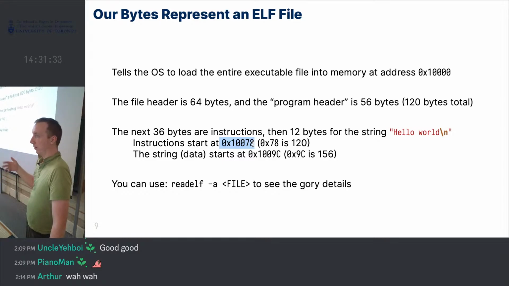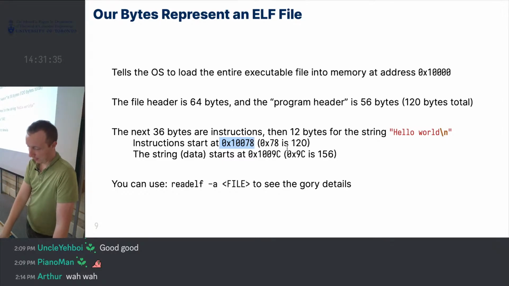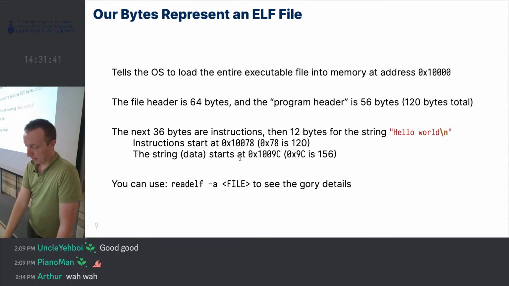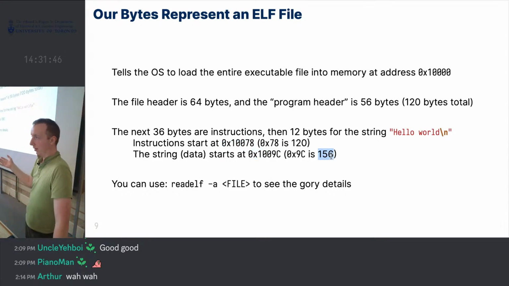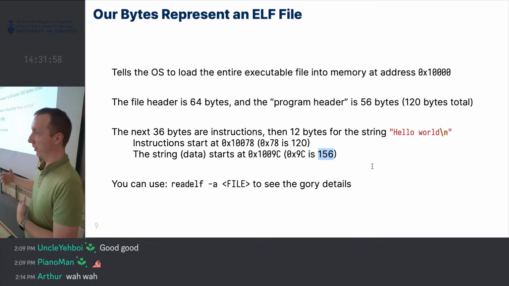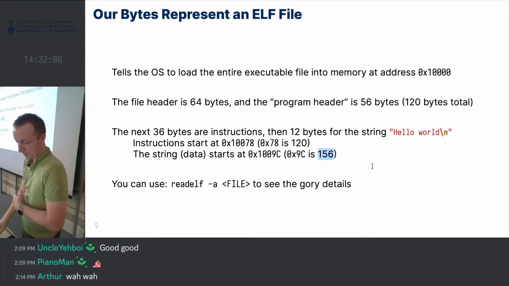If you convert 120 to hex, it is 78, and if you add them together, you get that address. If you do the same thing, and you just know that the string starts after the instructions, and that was our choice to make, it would start at byte 156, which is 9C in hex. Again, add it together, and the string would start at that address.